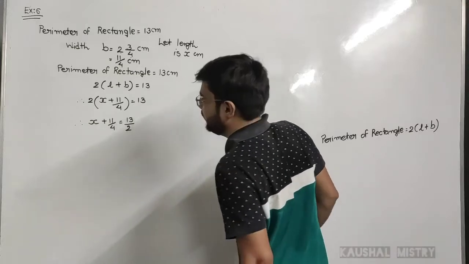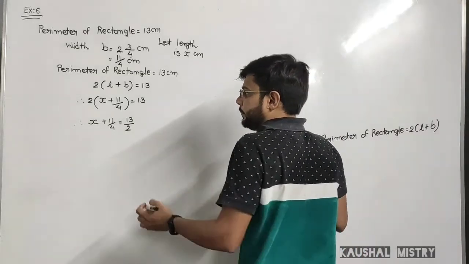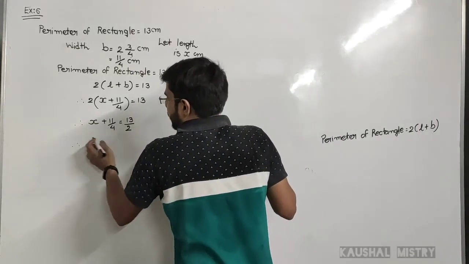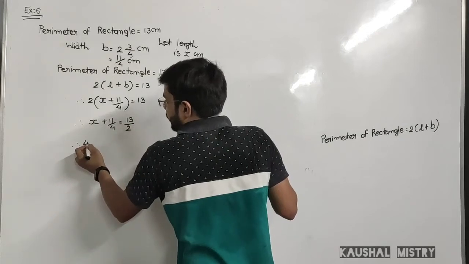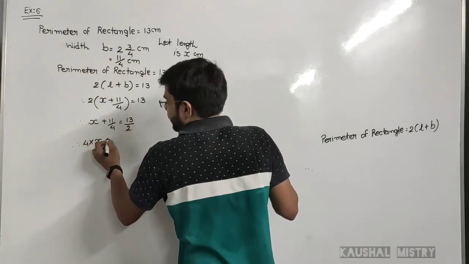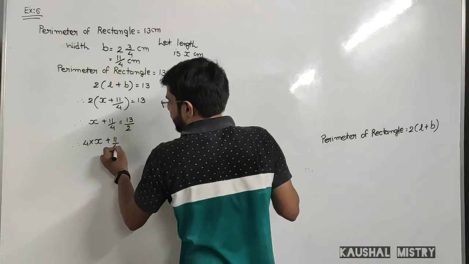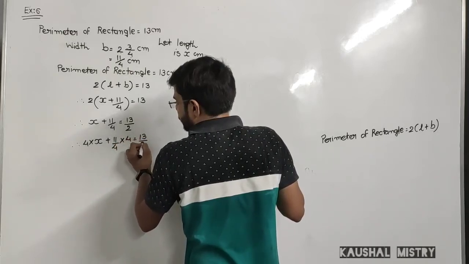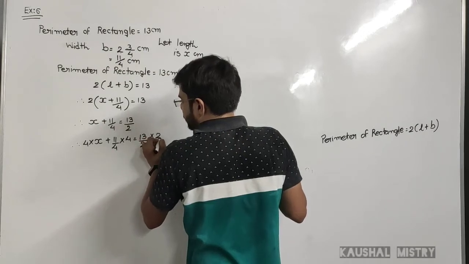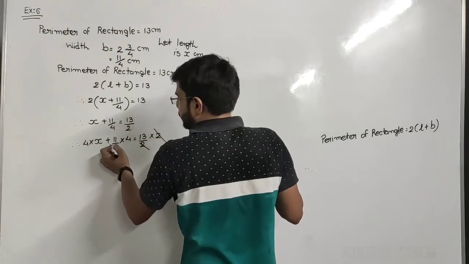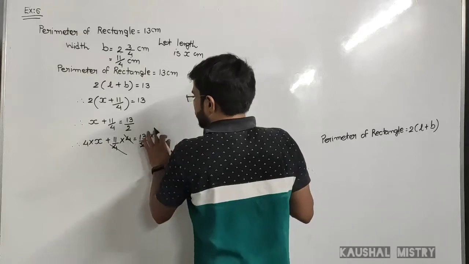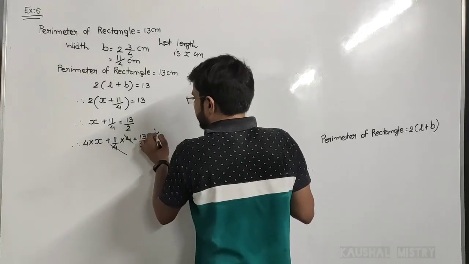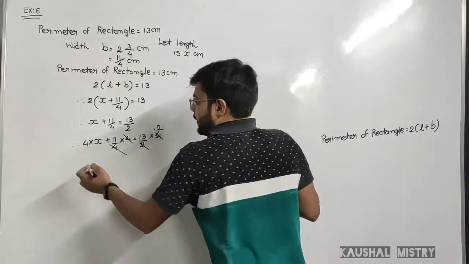Now we can see that the LCM will be 4. So 4 multiplied by x plus 11 by 4 multiplied by 4, 13 by 2 multiplied by 4. So this 2, this 4, sorry, here we have to multiply by 4. So this will be 2.